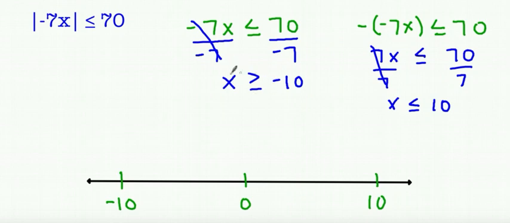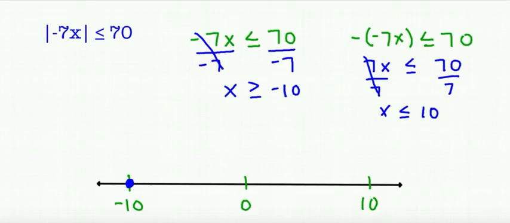We're going to start off with our first inequality. x is greater than or equal to negative 10. So remember that it's included. And because it's greater than, we're going to shade to the right.